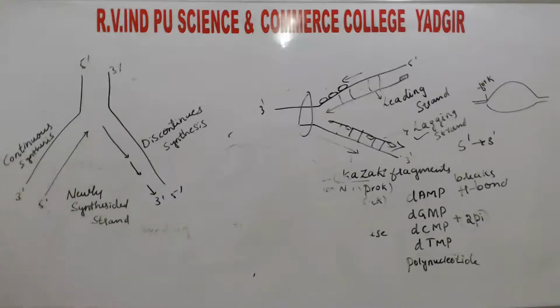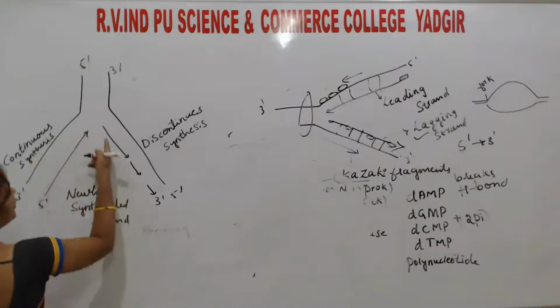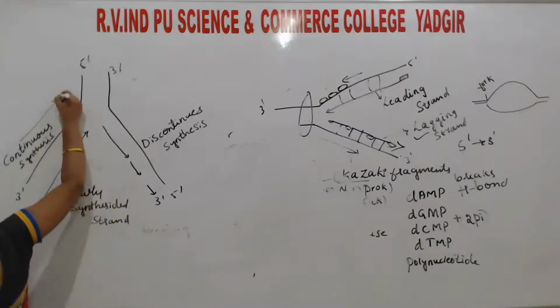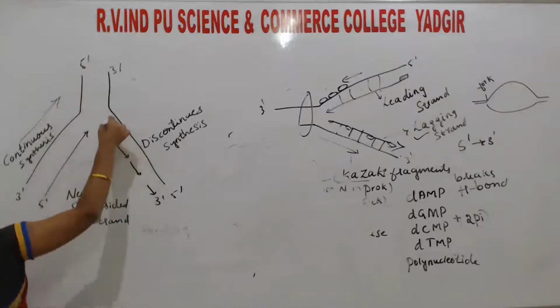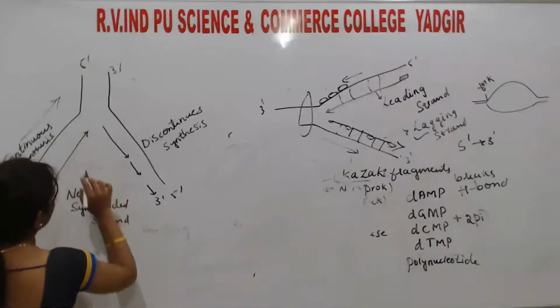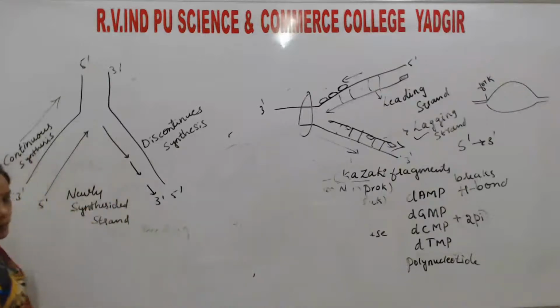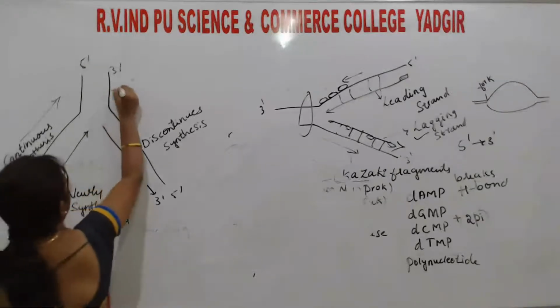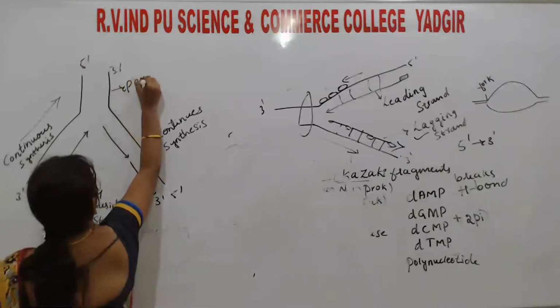So you can see the synthesis of the DNA, how it is moving. The DNA formation is moving from this side to this side. Okay. Here the fragments are moving from 5 prime to 3 prime, especially on the 3 prime to 5 prime template DNA. This is the parental strand.